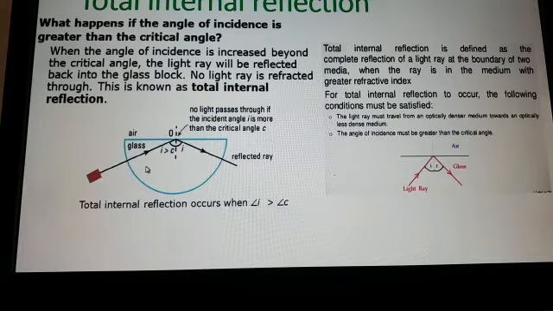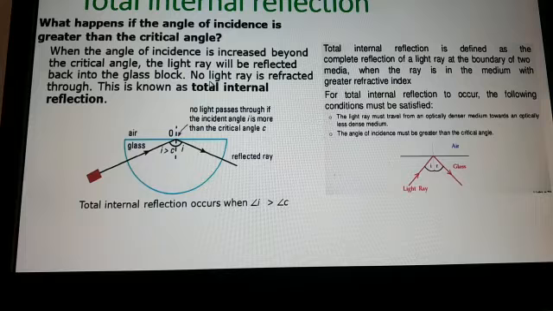Total internal reflection happens when light travels from a denser medium to a rarer medium and the angle of incidence is greater than the critical angle. Here we show what happens if the angle of incidence is greater than the critical angle. When the angle of incidence i is increased beyond the critical angle, the light ray is reflected back into the glass block.